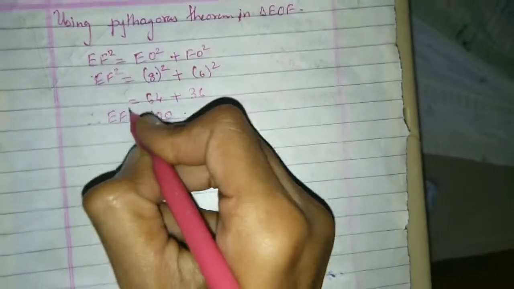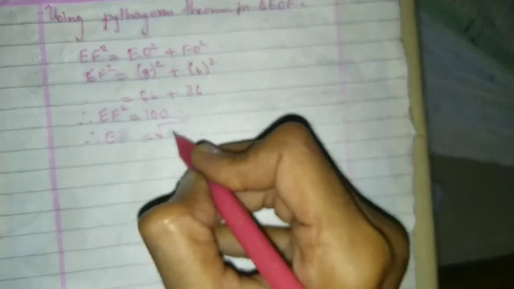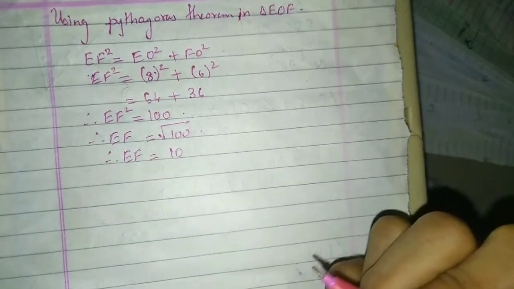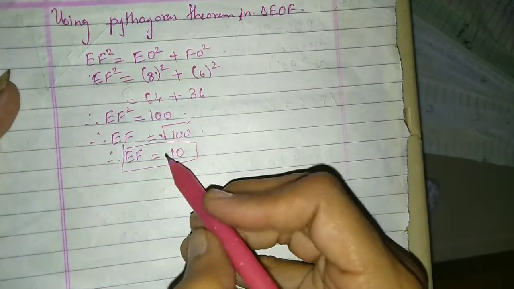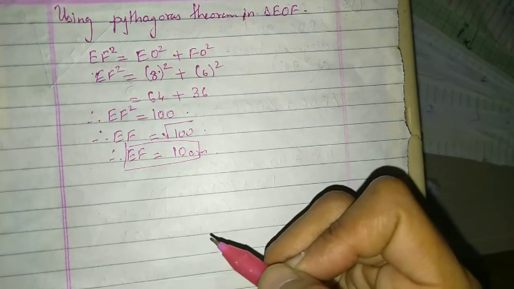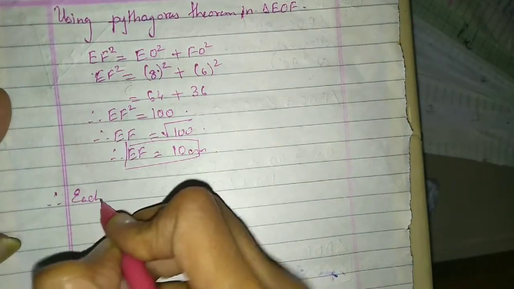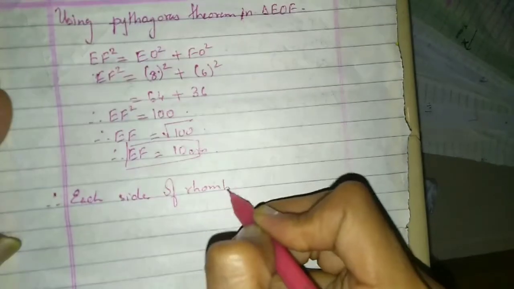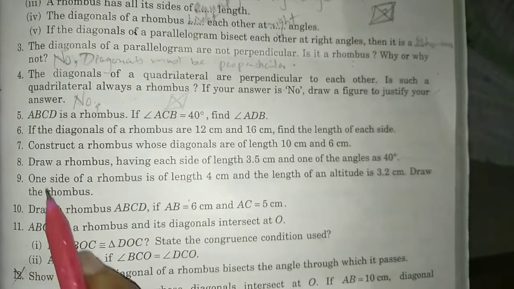Therefore EF square equal to 100, so EF equal to root of 100, therefore EF equal to 10. Okay, so EF equal to 10 is your answer. Now one side is 10, so all sides are 10, because in a rhombus each side is equal. So therefore each side of the rhombus is 10 centimeter.